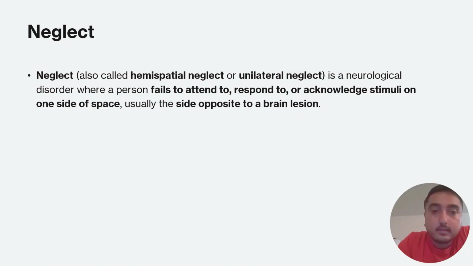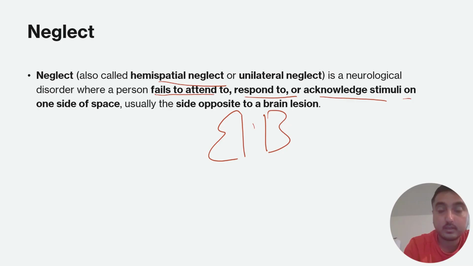Then the neglect is also called the hemispatial neglect. This is also one of the cortical signs. Neglect basically means the person will fail to attend to or respond to or acknowledge the stimuli on one side of the space. For example, if the person is having a stroke of the right side, the non-dominant side, then the person will neglect the left half of his or her body.